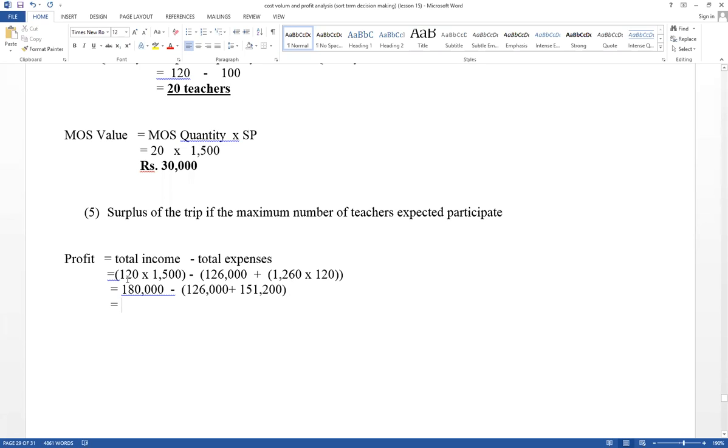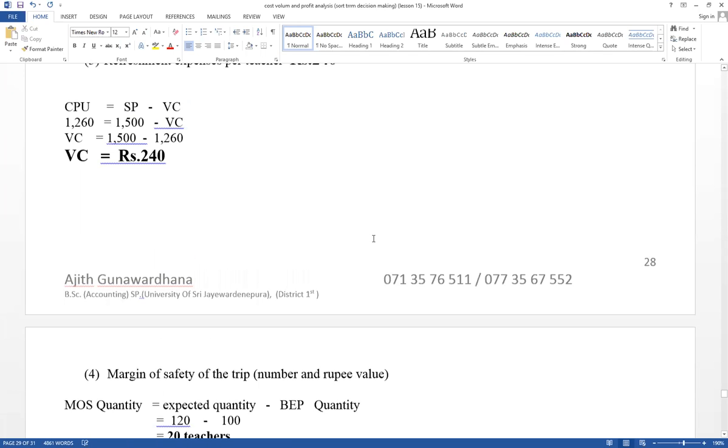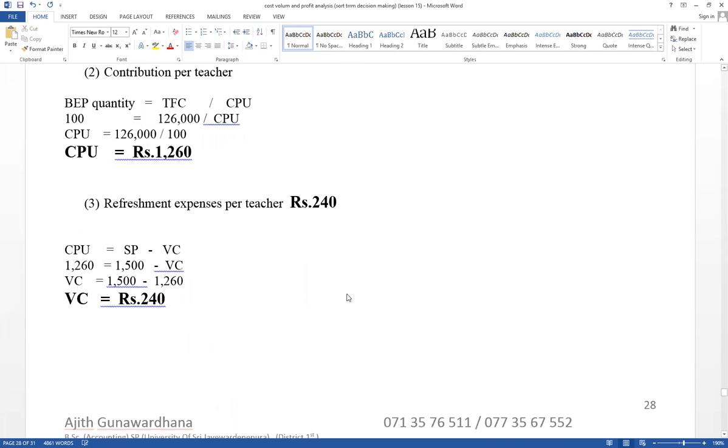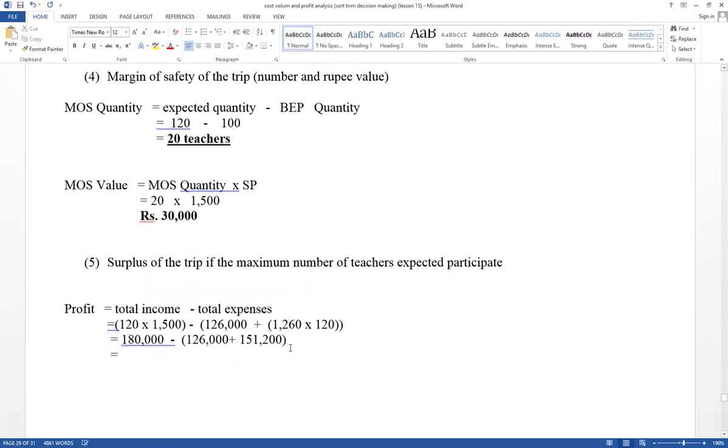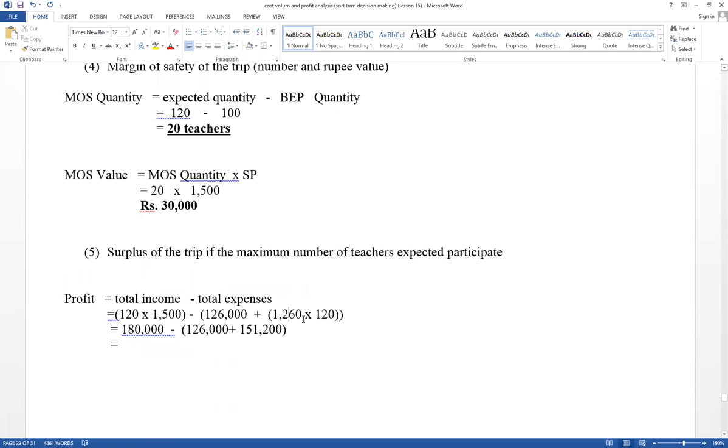Take the answer. Total income is selling price into number of quantity, 180,000. Then total fixed cost equals 126,000, as well as variable cost per unit.